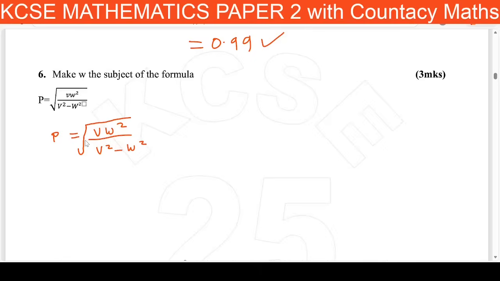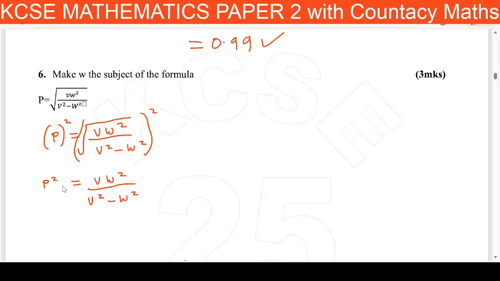So the first thing that we do is that we square each and every side, so that we can first get rid of this square root. Therefore, we are going to remain with p squared is equivalent to vw squared, divided by v squared minus w squared like that.